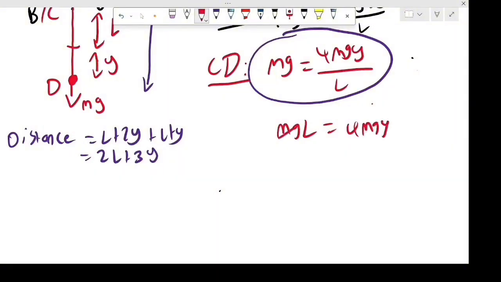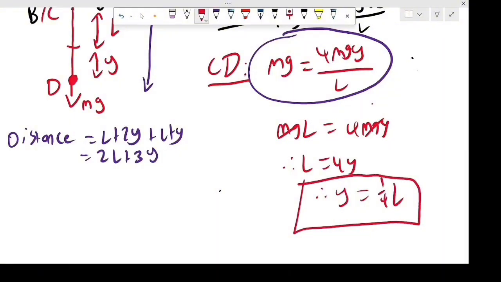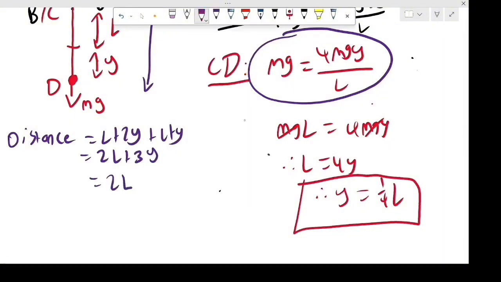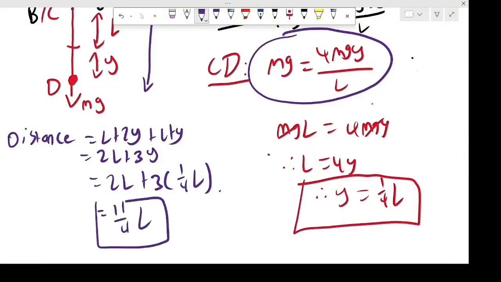And so the mg's cancel, therefore L is 4y. So therefore y is a quarter L. And now we got somewhere. Now I can work out the distance in terms of L. So 2L and 3 lots of a quarter L. So 2L and 3 over 4 L gets me 11 over 4 L. And that is my distance from A to D.